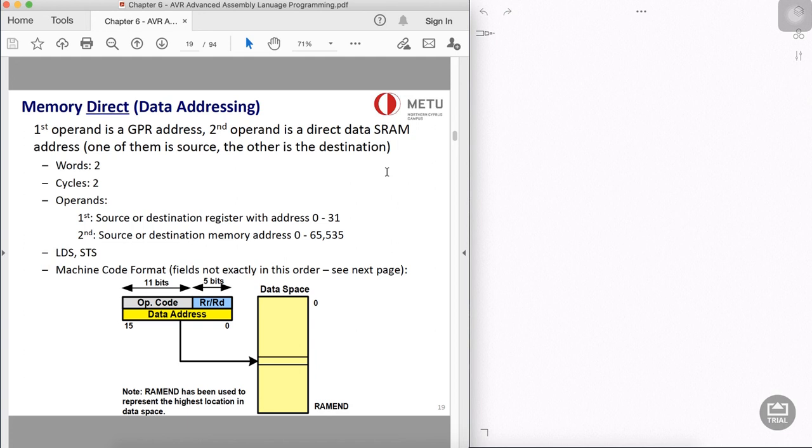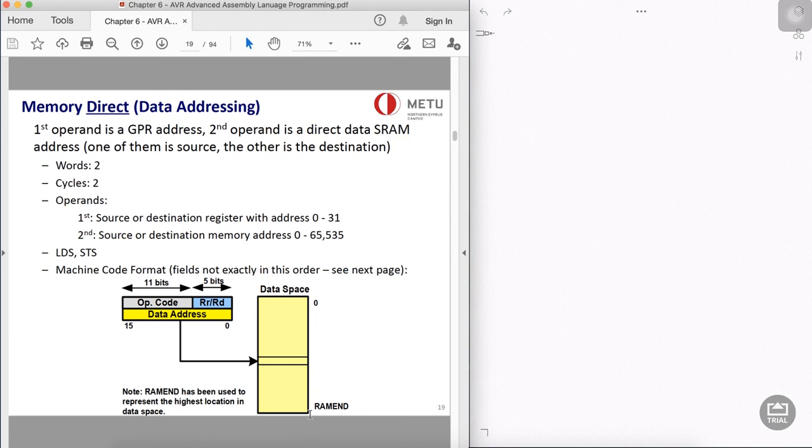If you remember the LDS and STS instructions from the previous chapters, we can specify the address of the GPR, and we can specify the address of any part of the data space from 0 to RAMEND, which is normally FFFF, a 16-bit address, and we can copy data from one to another.